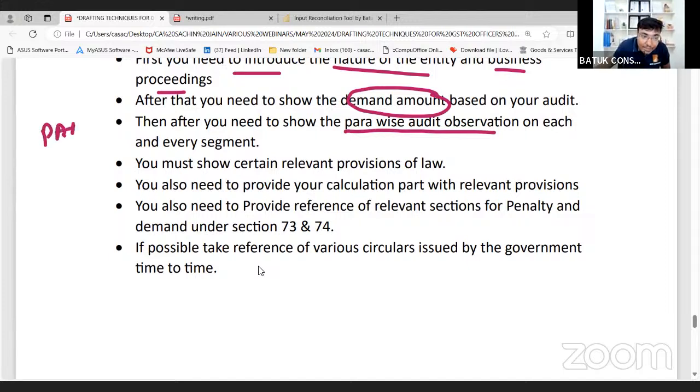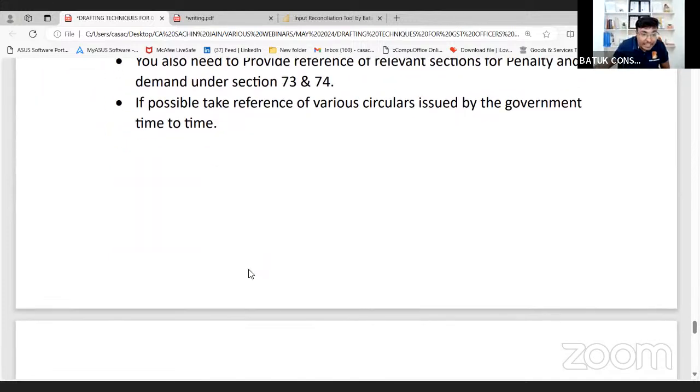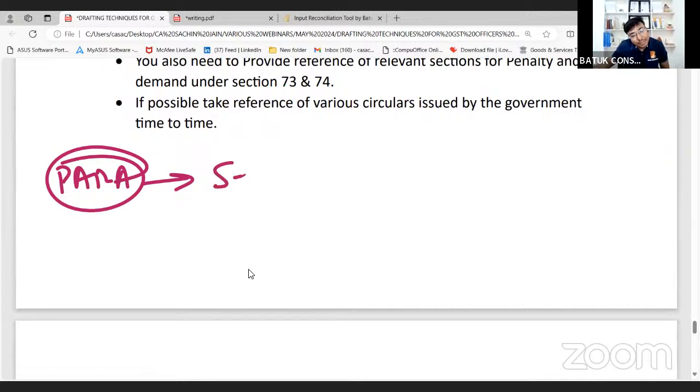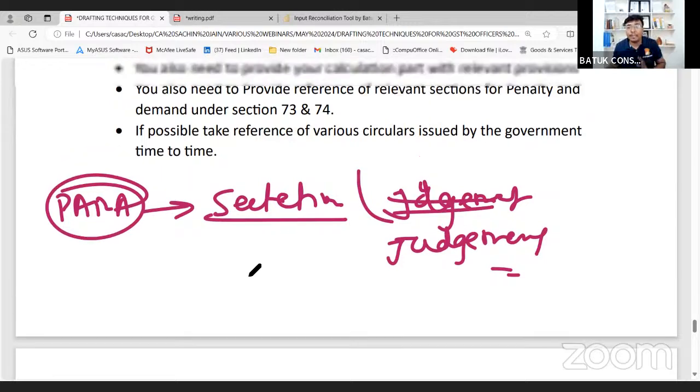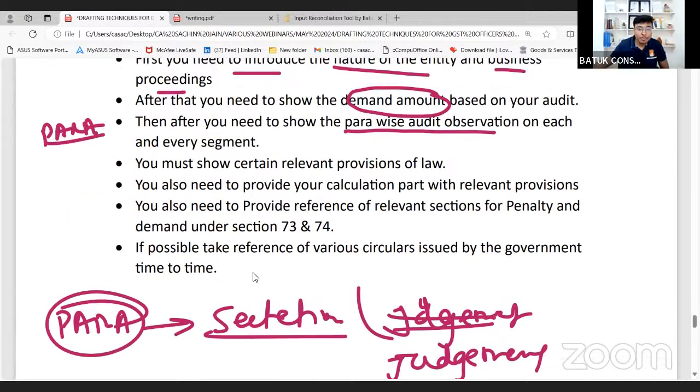And when you present the para, at that time the most important thing is that with each and every para you just need to provide the reference of the relevant section, and if there is any judgment, then that judgment should be part of your para. If there is any provision, we have to provide it.